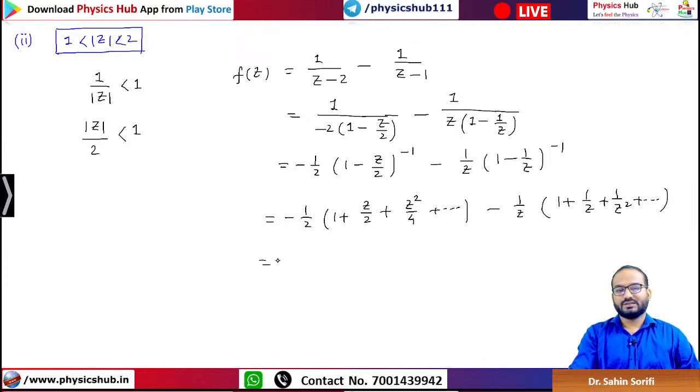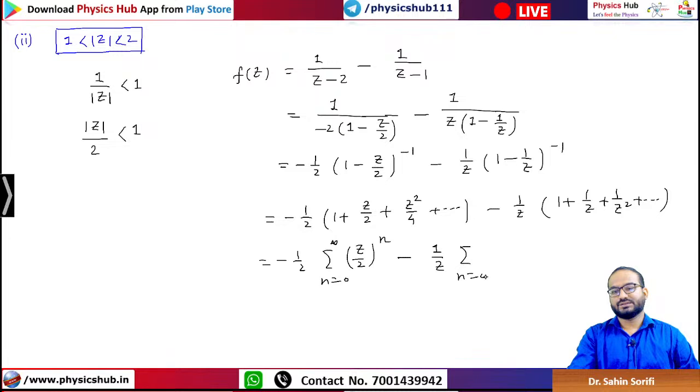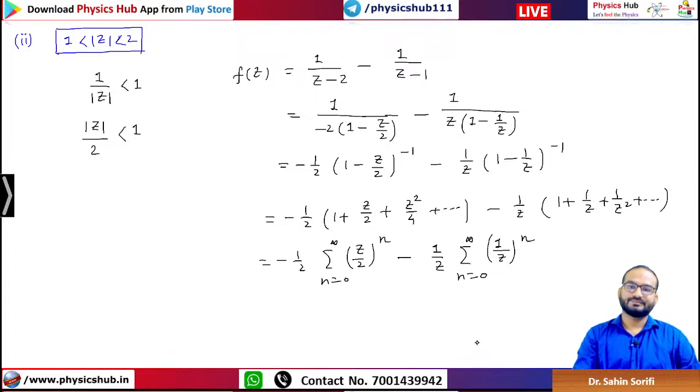You can write it in the summation form if you want. n equals 0 to infinity z by 2 to the power n, minus 1 by z sum over n equals 0 to infinity 1 by z to the power n. Is it clear to everyone?